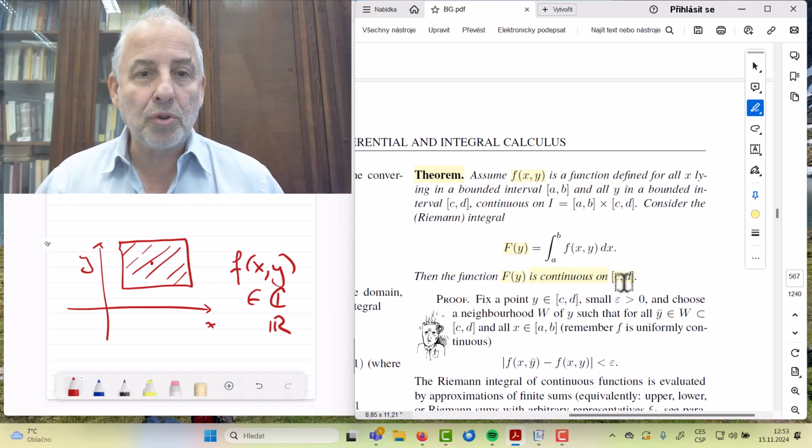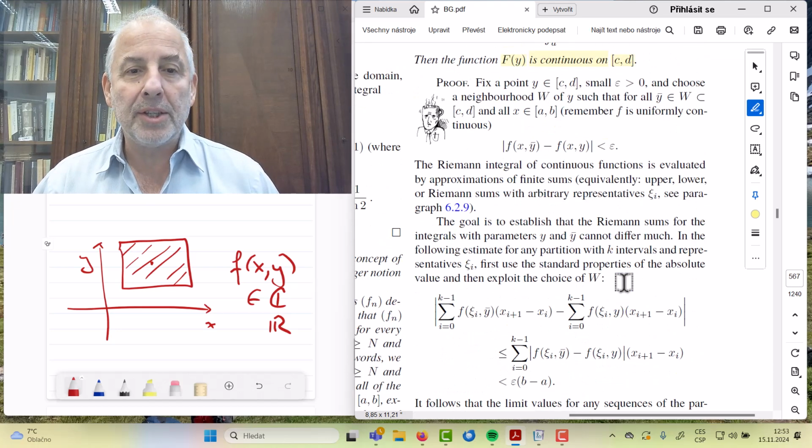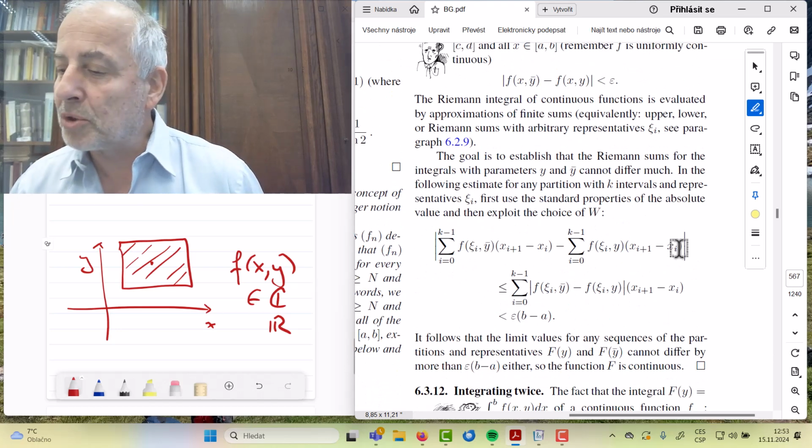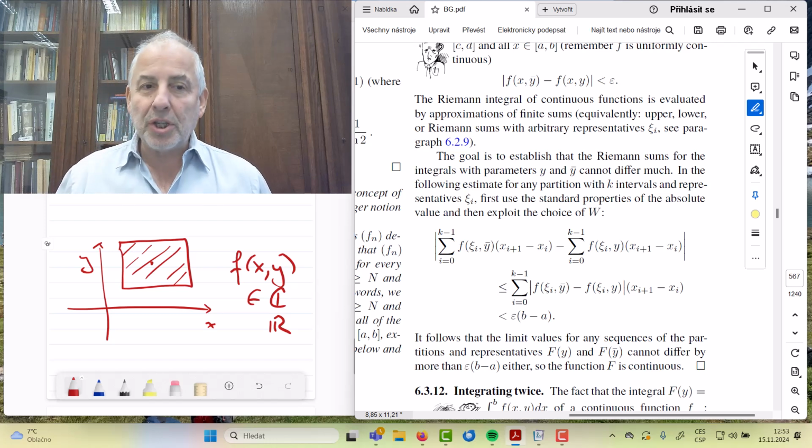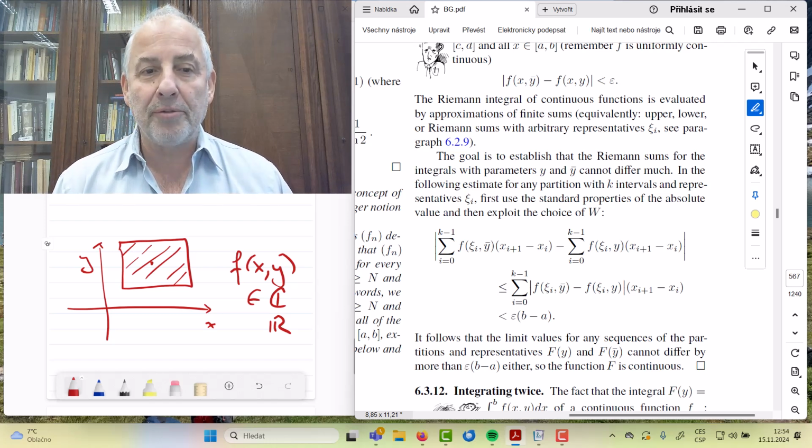And that's a very crucial theorem. And as you see, the estimate is absolutely trivial, right? It just uses the uniform continuity and we are there.